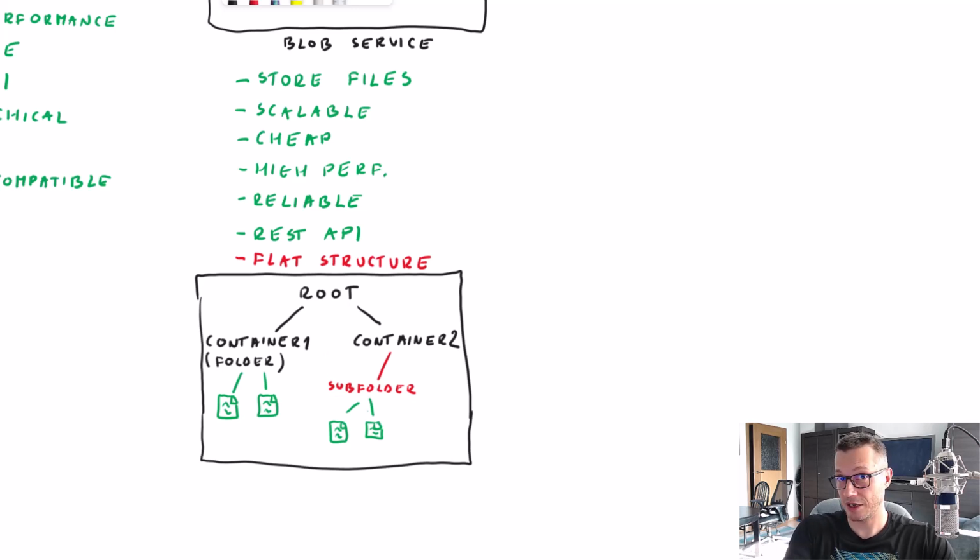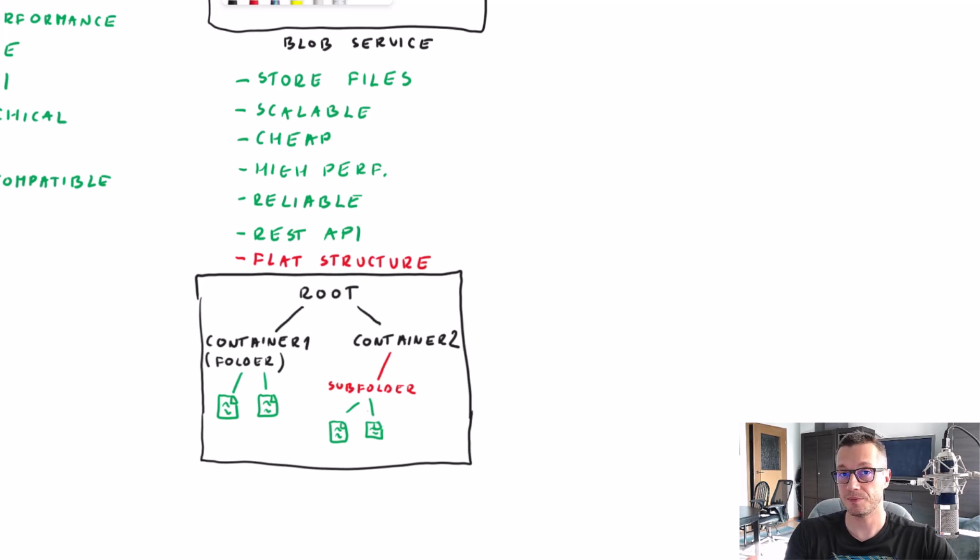It's just the UI, Azure portal, that was kind enough to show us as if this directory existed. But in fact, those files that we created here, they had this subfolder as a part of their name. And it was just the UI that was able to parse this name and display the paths as if this subfolder existed, but it doesn't exist.